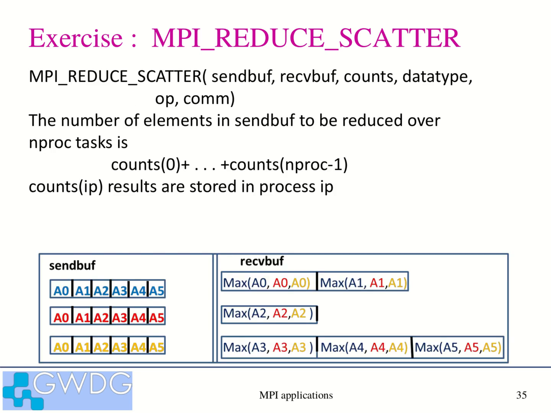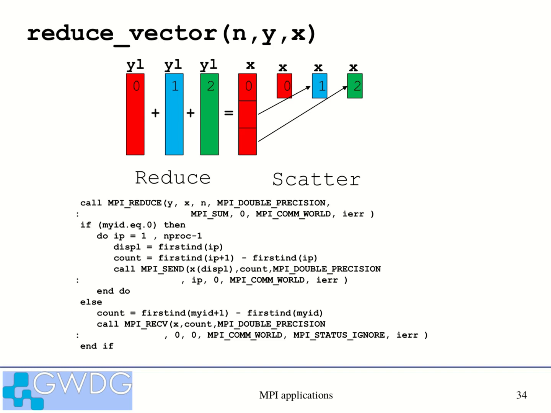Then you can just replace the MPI calls. It's composed of two parts, the MPI reduce and the send and receive.